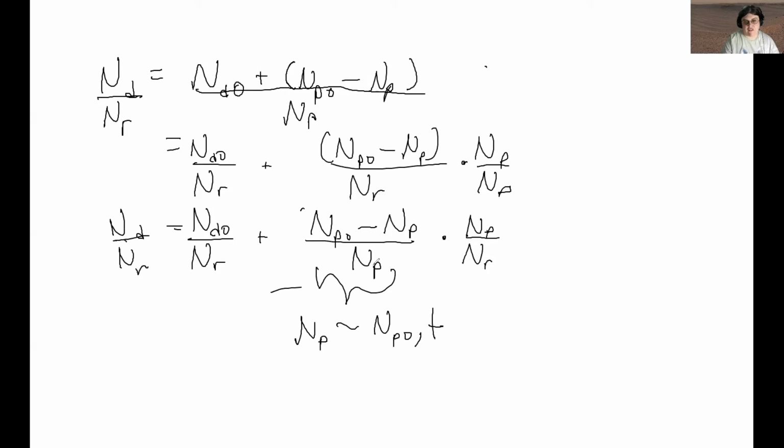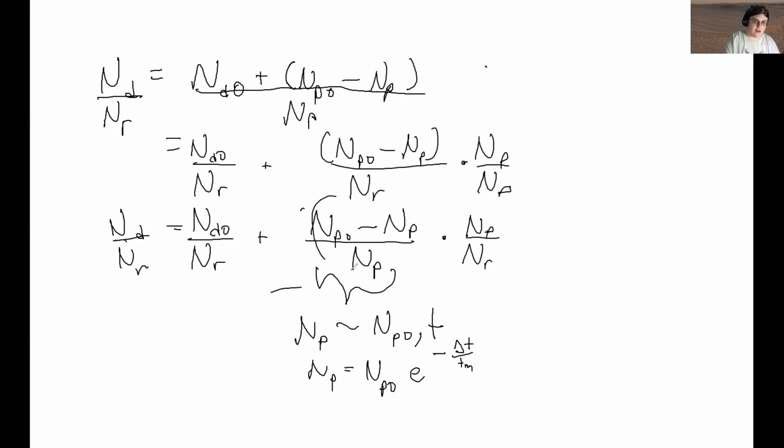We can even divide out the number of parent naught: number of parent equals number of parent naught e to the negative delta t over t_m. So we could divide out number of parent naught and get an expression that only depends on time.